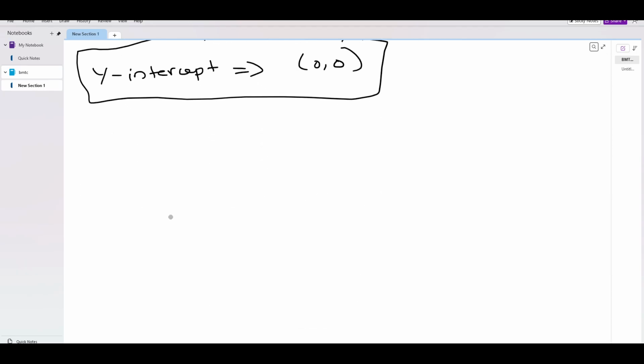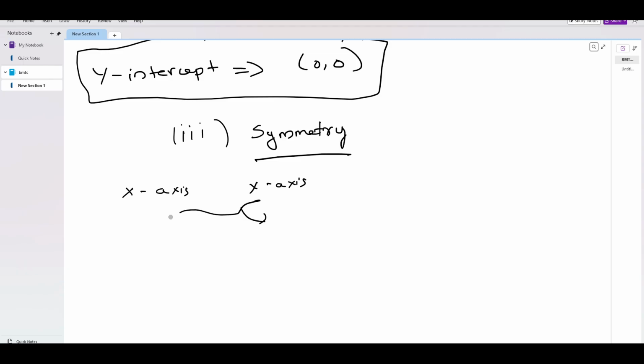There is no need for this order, but I am following this order, symmetry. So there is x-axis symmetry and y-axis symmetry. If both are symmetric, x-axis and y-axis, then it is symmetric about center.